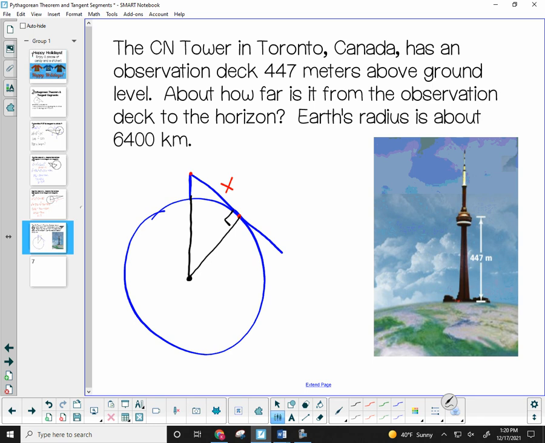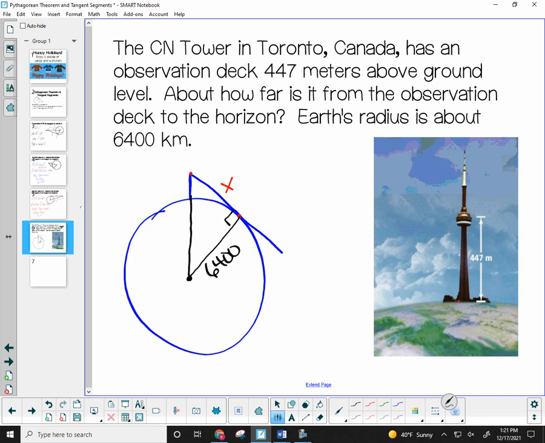Another piece of information they gave us is that the Earth's radius is about 6,400 kilometers. So this side here has to be 6,400, that's the radius of the Earth. Now the other part of that triangle is a radius plus a tower.